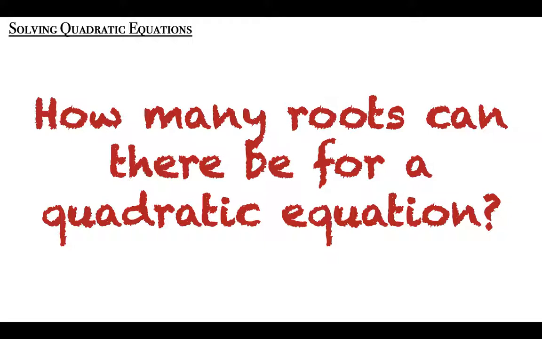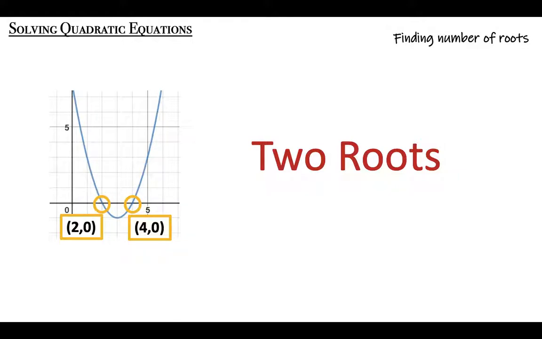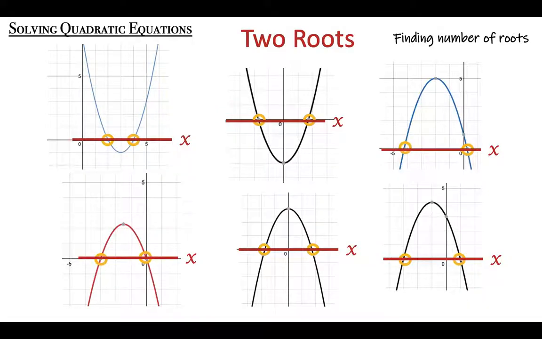Next, how many roots can there be for a quadratic function? In our first case, the one we started with, there were 2 roots. Here are more examples where there are 2 roots. We have our parabola that crosses the x-axis in all 3 of these cases, and it crosses the x-axis twice. So there are 2 roots for each of the examples you see on your screen.